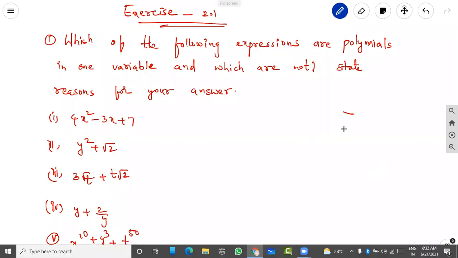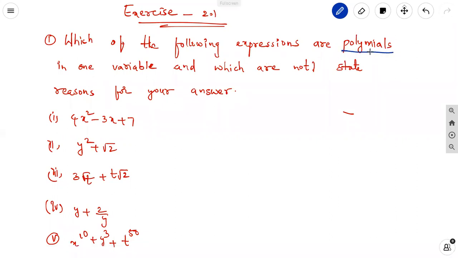The first one. Let us discuss problems on exercise 2.1. The 2.1, first one is, which of the following expressions are polynomials in one variable and which are not.